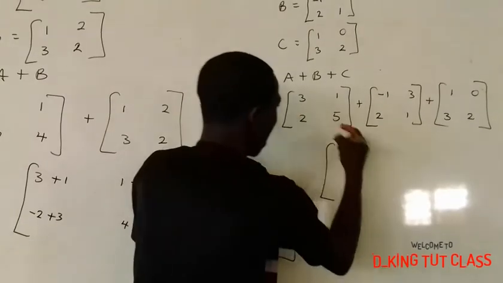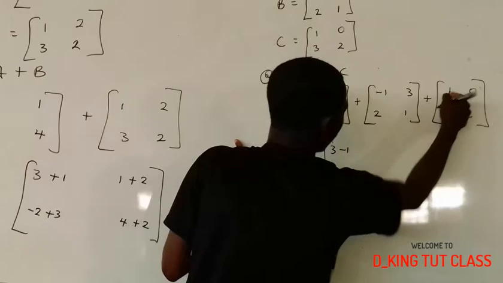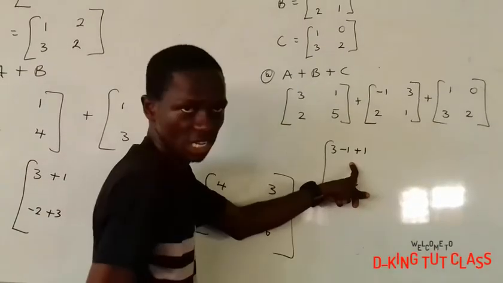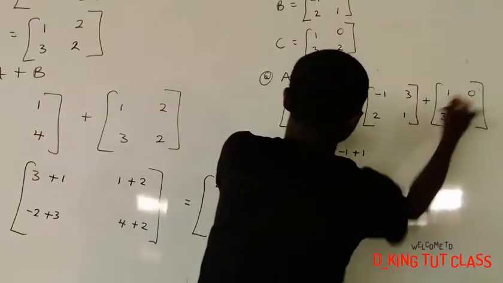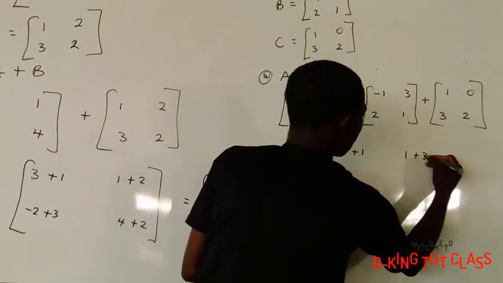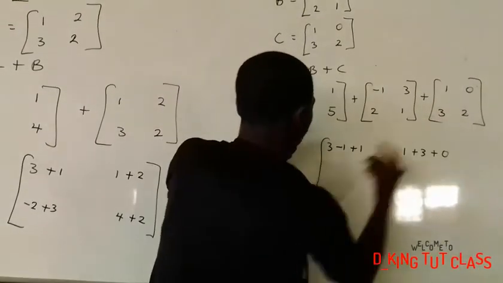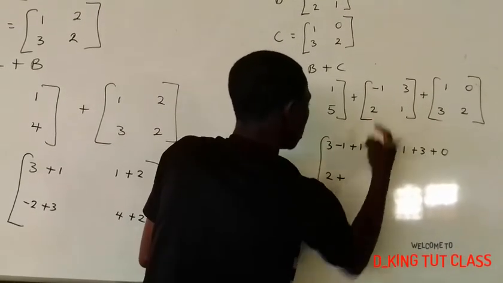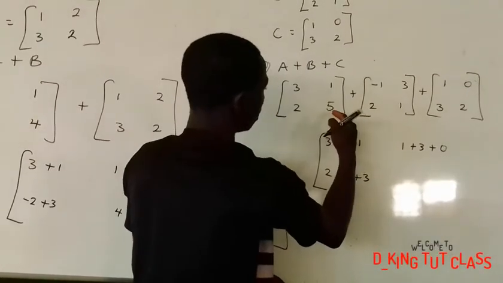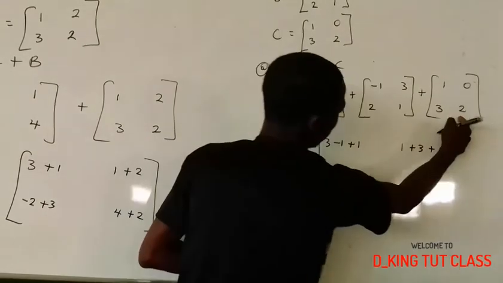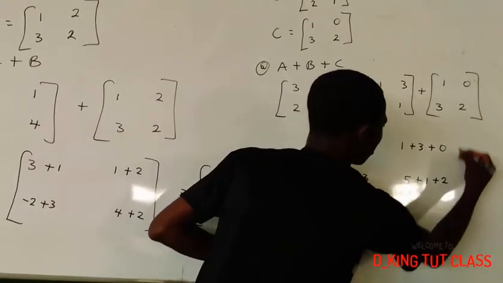So I'll be having 3 minus 1 plus 1 for row 1, column 1. For the next one, 1 plus 3 plus 0. Then for this, 2 plus 2 plus 3. And the last row, last column, 5 plus 1 plus 2.